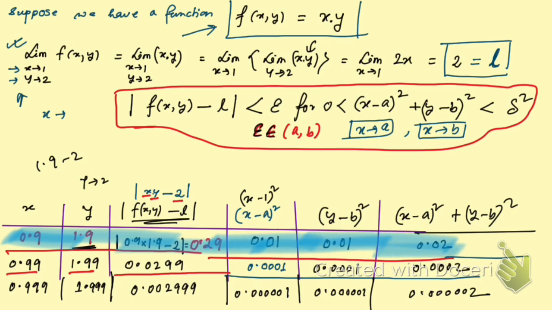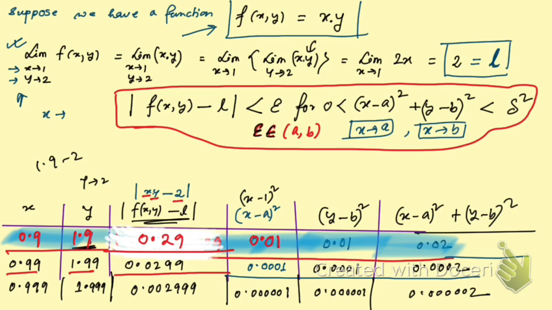Here you see, what are the values? Let me write again: 0.9, 1.9, and mod of x into y minus 2 is equal to 0.29. We can write what we have got, 0.29, that is what we had got here.